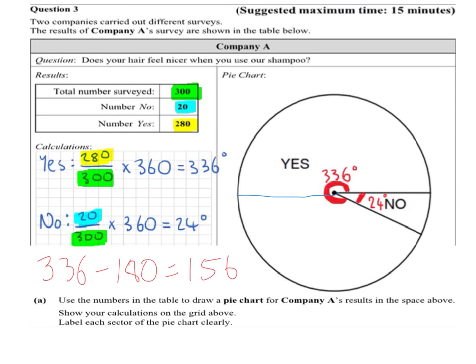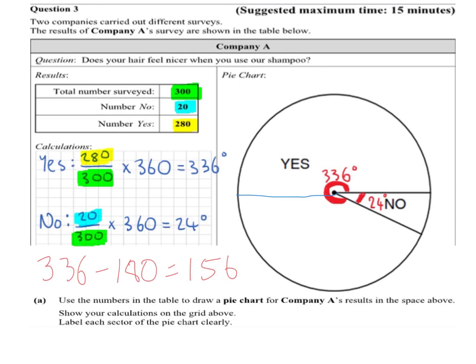We always put the amount over the total, which is 300. So it's 20 divided by 300, and again we multiply by 360 because there are 360 degrees in a full circle, or a full pie chart. So 20 divided by 300 multiplied by 360 gives us 24 degrees. So the angle that will represent the people who said no will be 24 degrees.